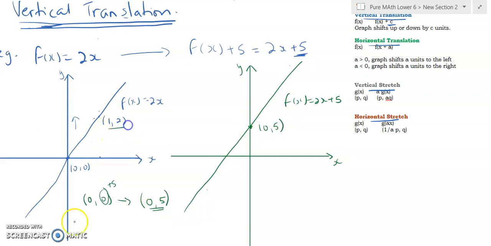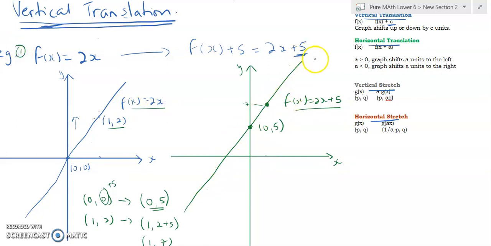The point (1, 2): my x value remains the same, and the 2 becomes 2 plus 5, which is 7, so (1, 7) is one of my random points. To get a straight line, all you need is 2 points. So I can just look at these 2 points and draw this line, and that will be the end of my first example.